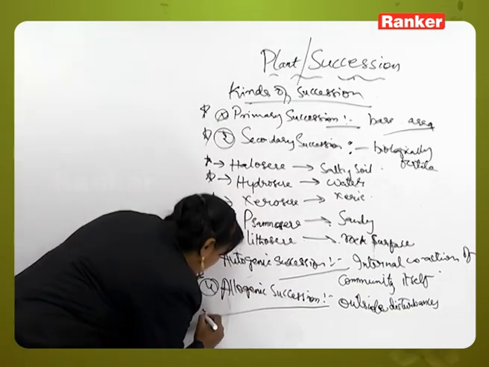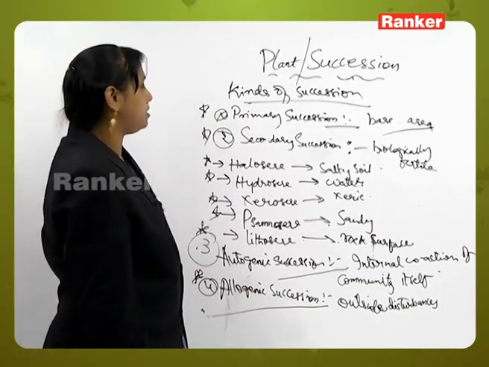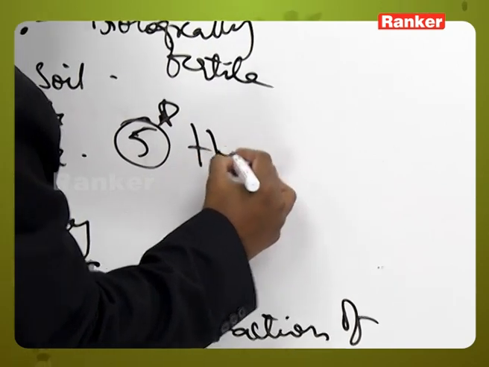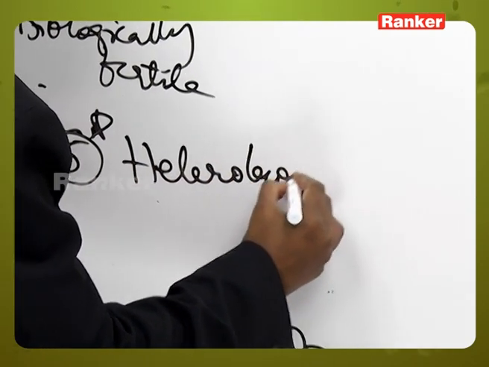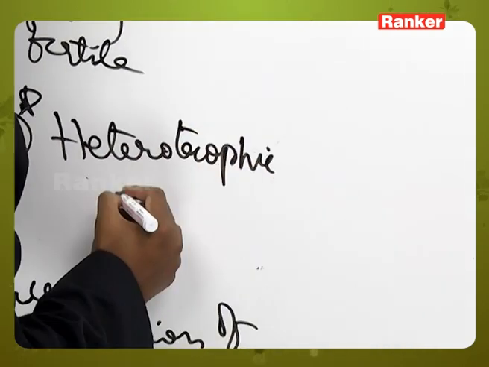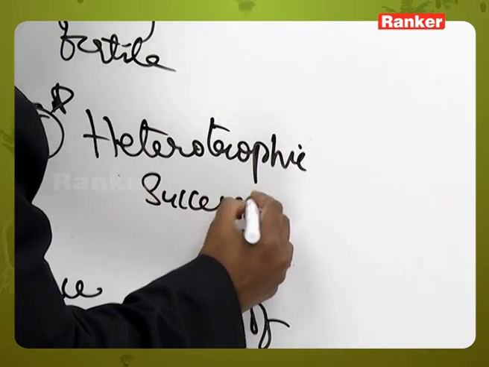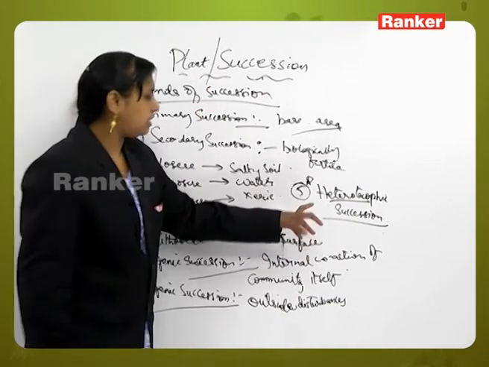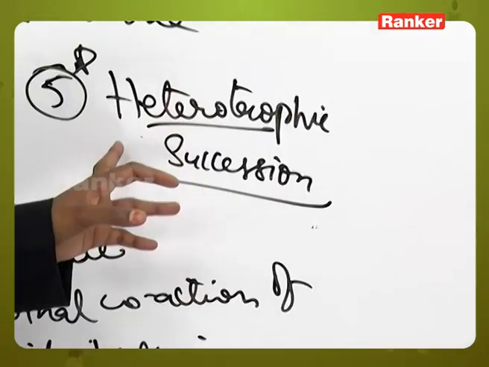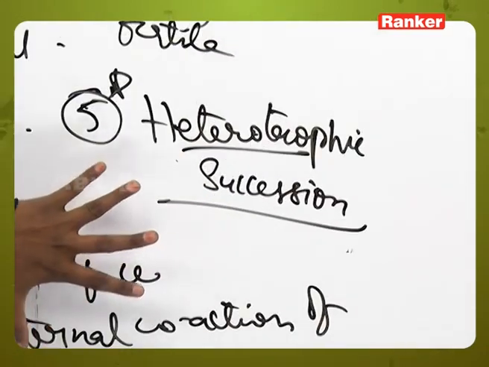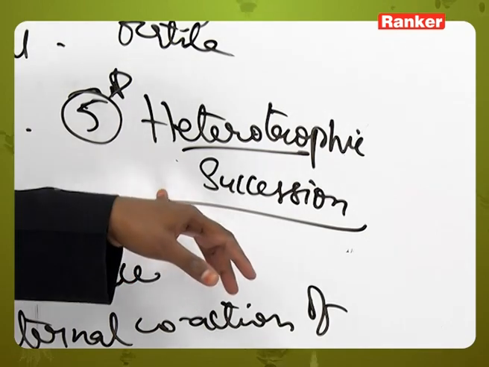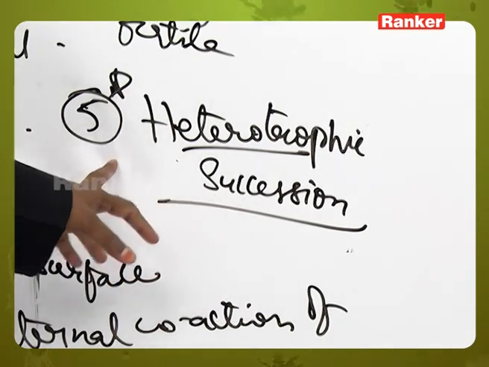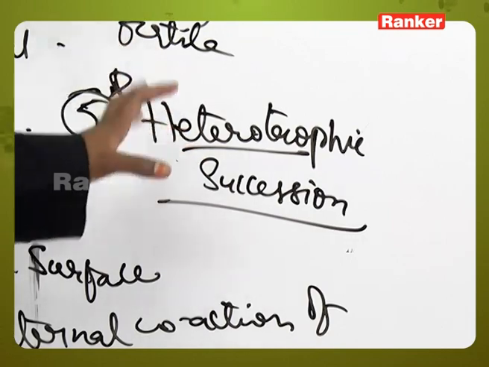Next, one more is there, that is called heterotrophic succession. This is also very important. It is characterized by the early dominance of heterotrophs, fungi, bacteria and animals, and this succession occurs in an area which is rich in organic matter.